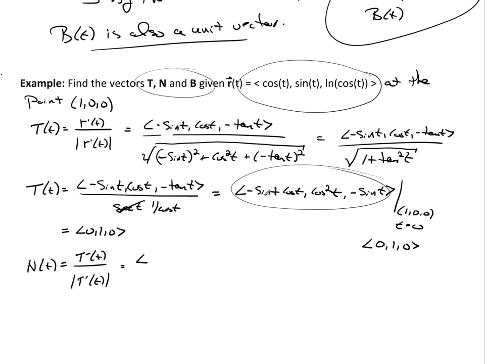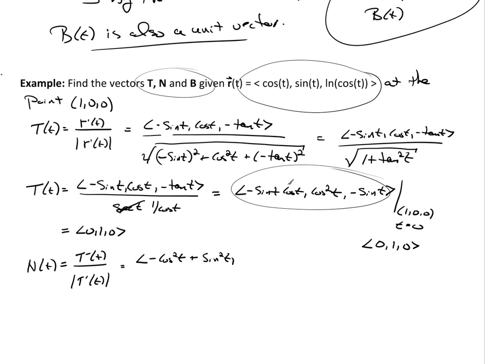The derivative d/dt of negative sine t, cosine t. The derivative of negative sine t is going to be negative cosine, so this is going to be negative cosine squared t plus, well, actually minus, but the derivative of cosine is a negative sine, so I'm going to have a double negative, so this is going to be plus sine squared t.